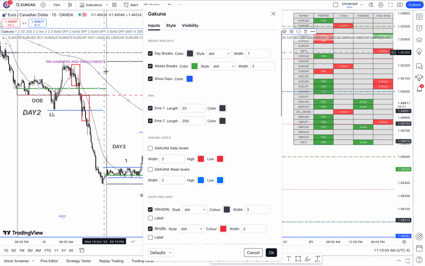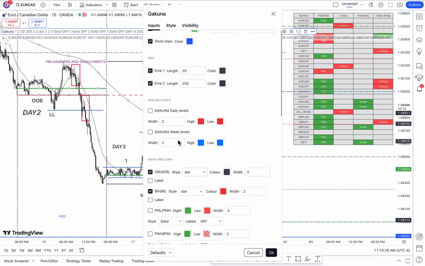This indicator separates the days by itself. You can also get that setting by default on TradingView. We have a weekly separator that shows you when a new week starts. When you go to higher time frames like the 4 hour or weekly, it separates the weeks for you, so you know where week 1, week 2, and week 3 are.